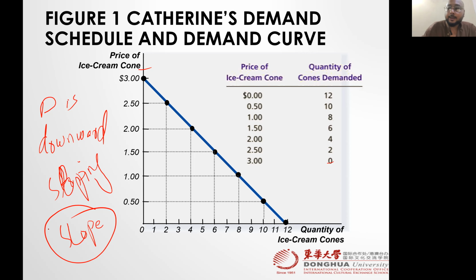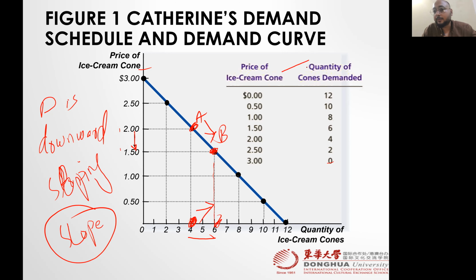If the price decreased from 2 to 1.5, we move from A to B. On A to B, the quantity increases. So price decreased from 2 to 1.5, quantity increased from 4 to 6.